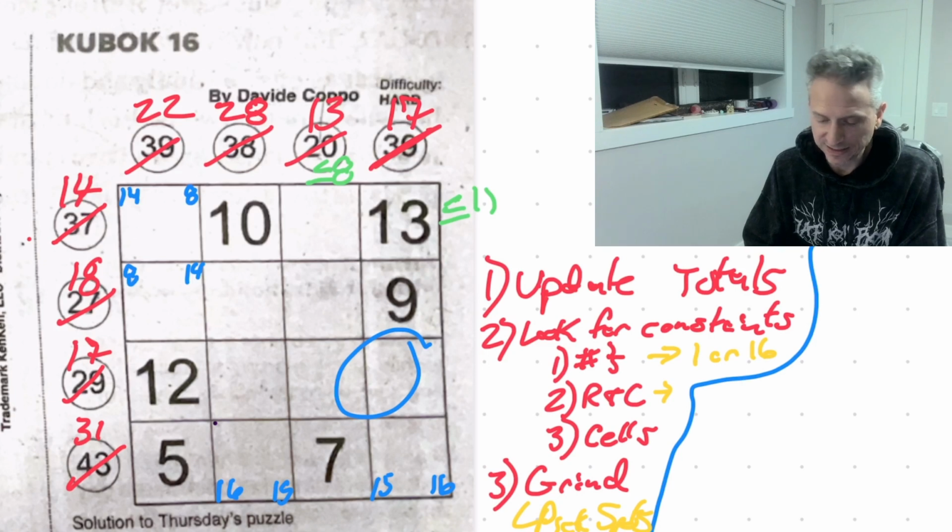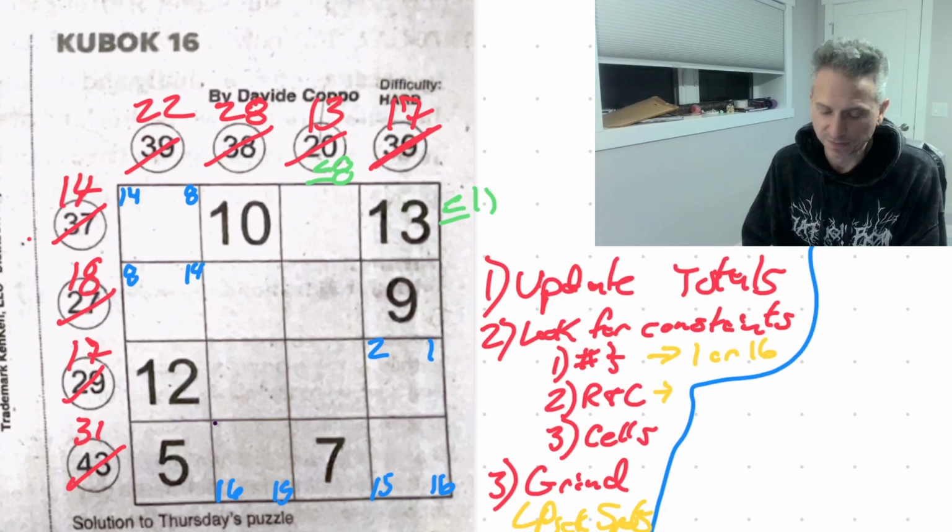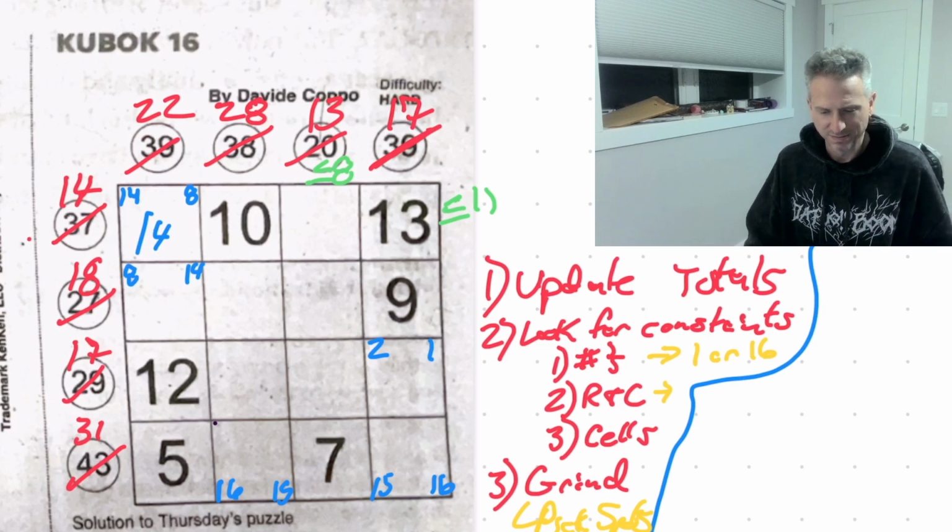Well, if it's 15, it can be 2, okay? And if it's 16, it can be 1. So this can only be 15 or 16. 15 is 2. If it's 16, it's 1, okay? So now I know another cell. This is either 2 or 1. Okay, well, where else can I do that? Well, I can look for this cell for a constraint, okay? If this is 14, right? Oh, wait, this 14 can't go here. Oh, no.